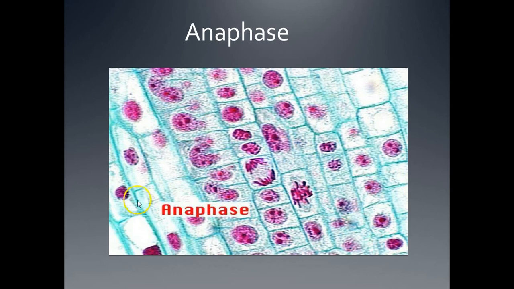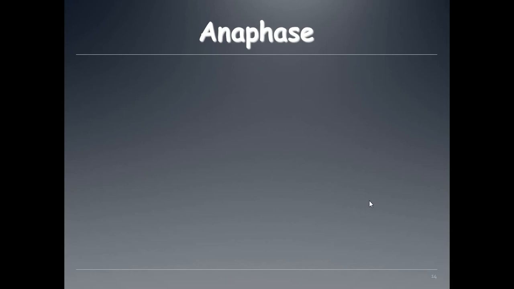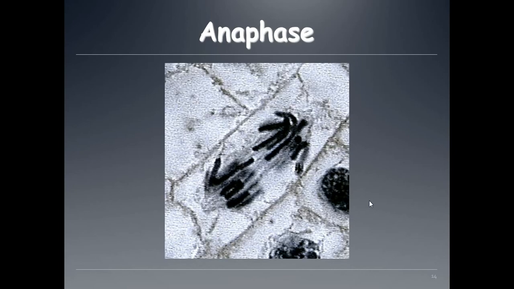And this cell in this picture is going through anaphase. You can see they were lined up in the middle and now they've been pulled to the ends. Here's another cell going through anaphase. The sister chromatids, those duplicate chromosomes, are being separated.